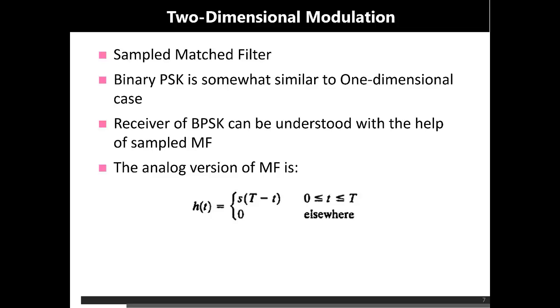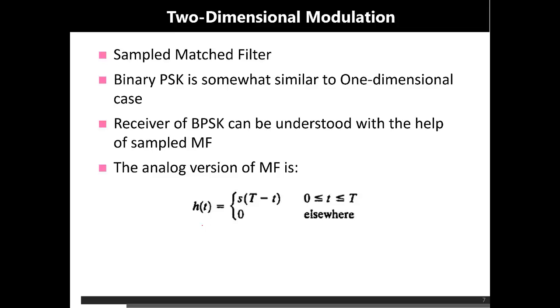So for S1 of t, we will have a matched filter on the receiver side. For S2 of t, we will have a second matched filter, and so on up to M matched filters. Or in case of basis functions, we will have N matched filters, because we are talking about binary phase shift keying, and we consider the matched filtering in the case of 2 branches, right?